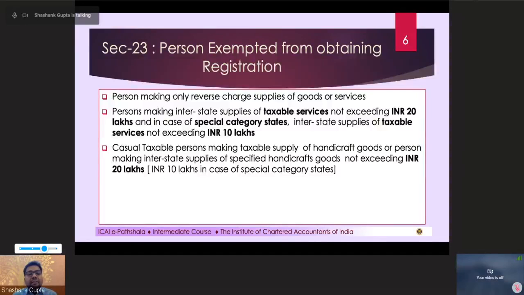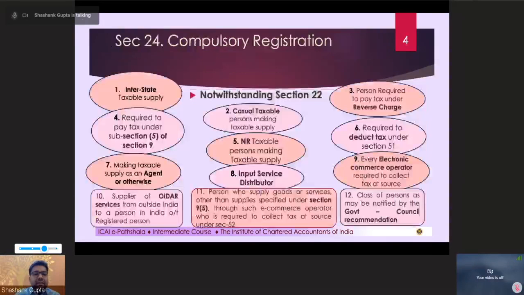Next, person making interstate supplies of taxable services not exceeding 20 lakh, and 10 lakh in case of special category states. So basically, there was one case we had discussed, that if anyone is making interstate taxable supply, they are compulsorily liable to obtain registration.